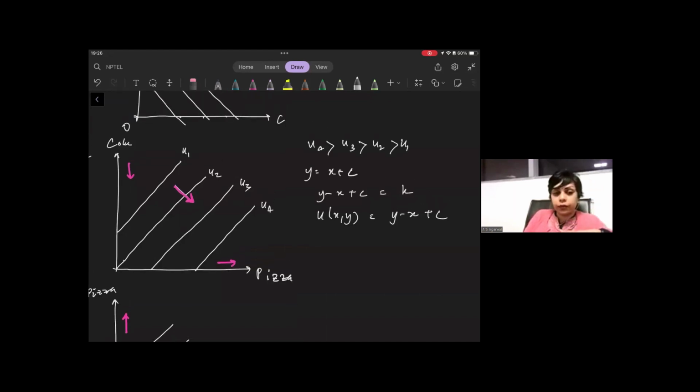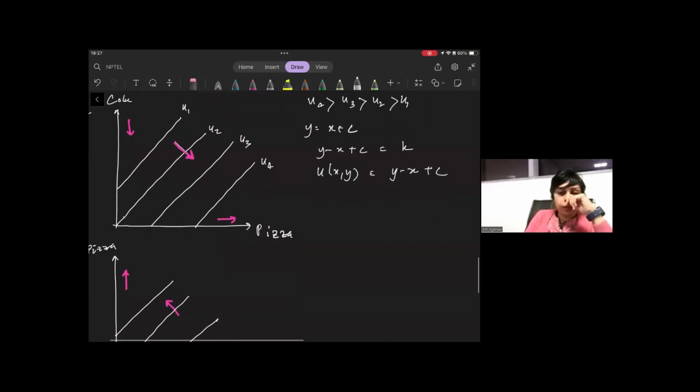and based on that, we drew the indifference curves. Now that we have seen what the indifference curves look like, we can guess, just based on geometry, that the equation looks something like this, and obviously the utility function is going to be something like this.